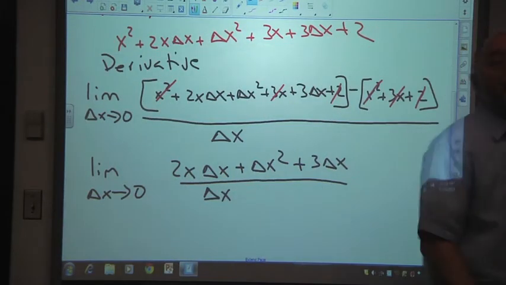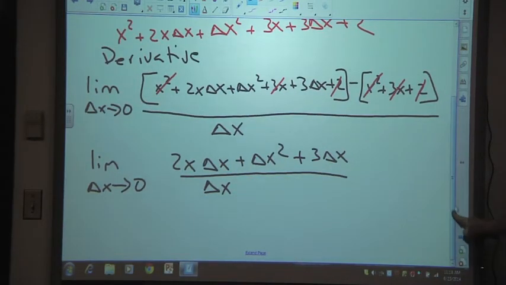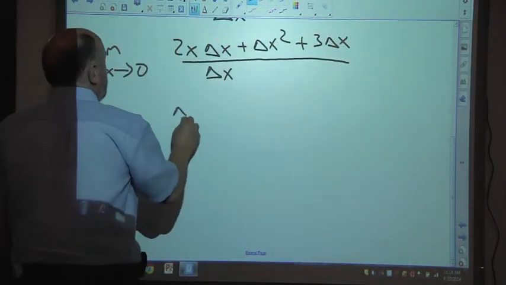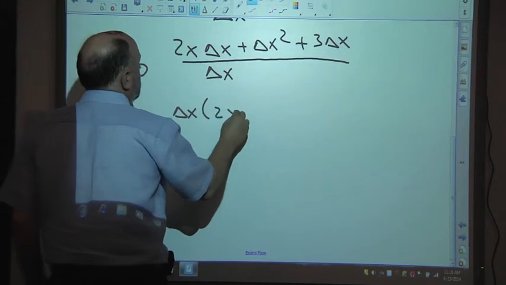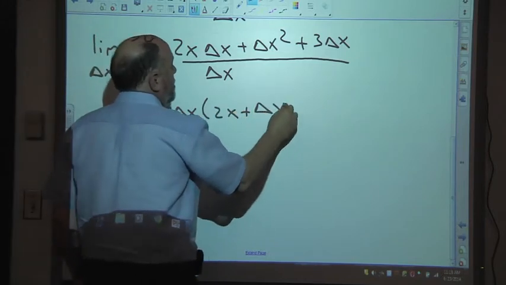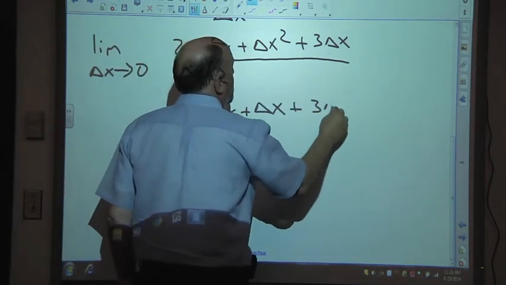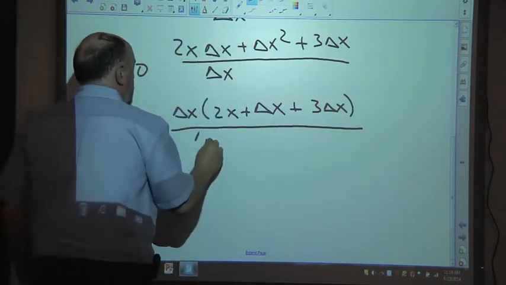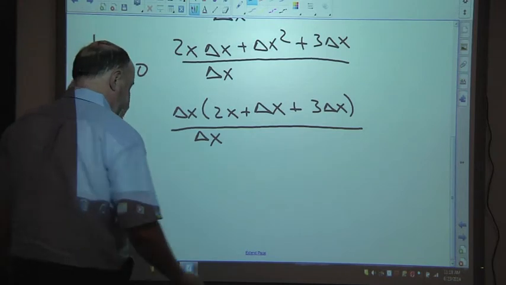Again, if I look at the top, the delta x can be factored out. So delta x comes out, we get 2x plus delta x plus 3 delta x over delta x.